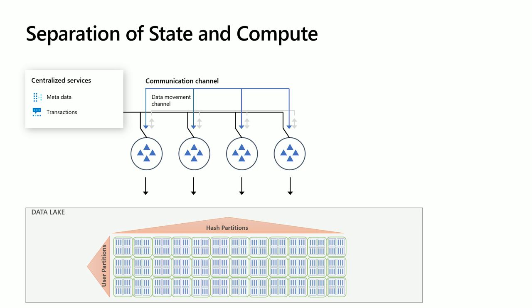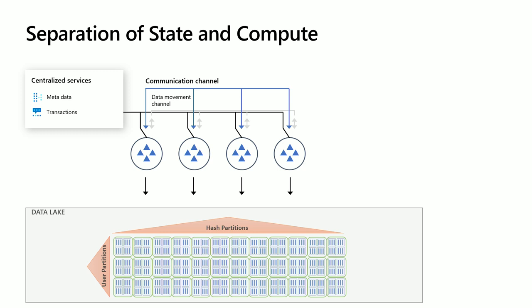So that's it. Remember these 3 concepts. We have data cells to abstract the distributed query processor from the data lake. We have query tasks and the association with data cells, which give us this scalability to execute at large scale over the lake, and separation of state and compute.